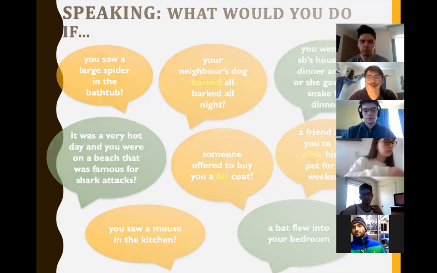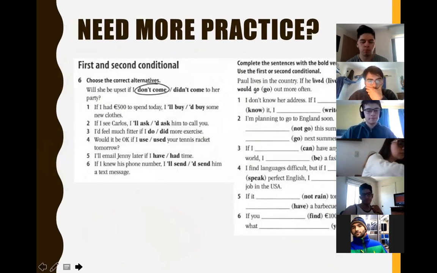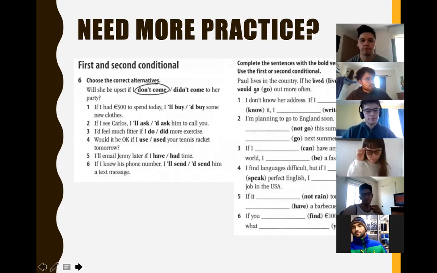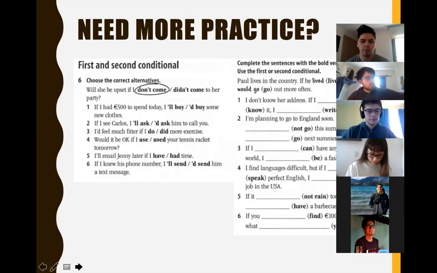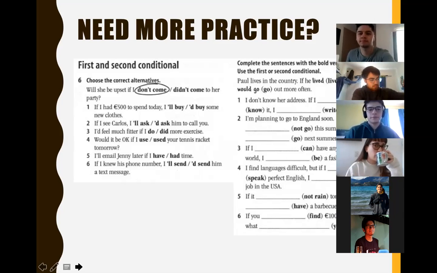Next activity, the comparison. This is important. What is the difference between the first and the second conditional? Choose the correct alternative. Exercise 6. Very easy, very simple. We need to read the sentence, and depending on the context, you choose if it's a likely or an unlikely situation.